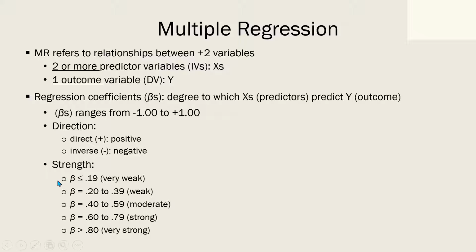So you can see that a beta less or equal to 0.19 is considered very weak, 0.2 to 0.39 is weak, 0.4 to 0.59 is moderate, and then the very strong beta would be anything greater than 0.8. So if you ever need to decide the strength of this, you can always refer back to the PowerPoint because it's in this slide for reference.